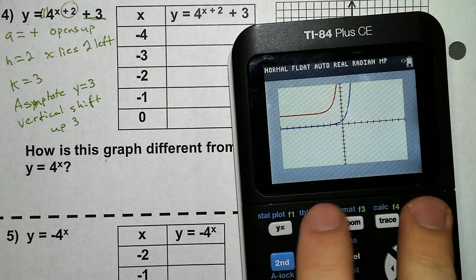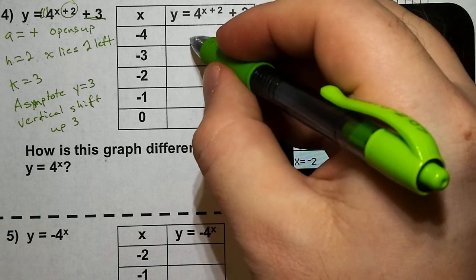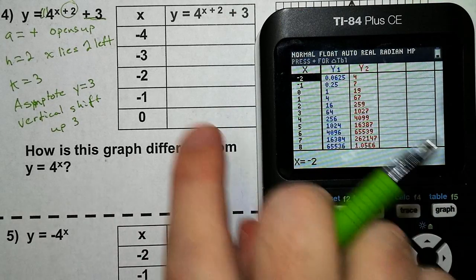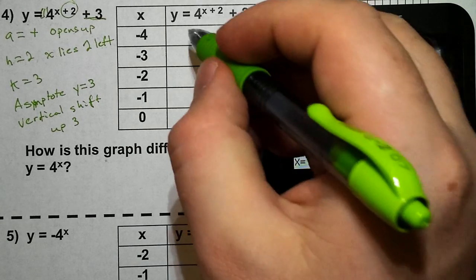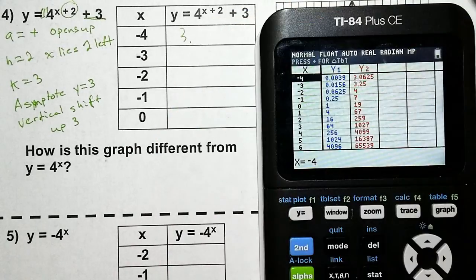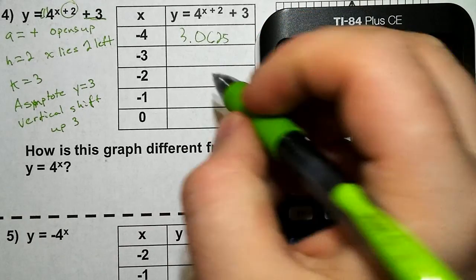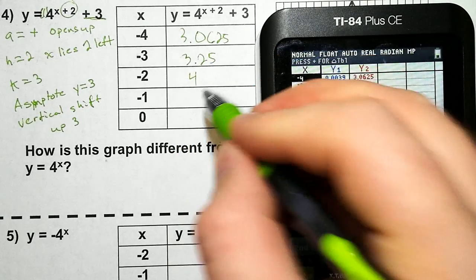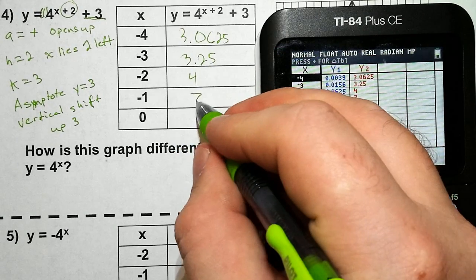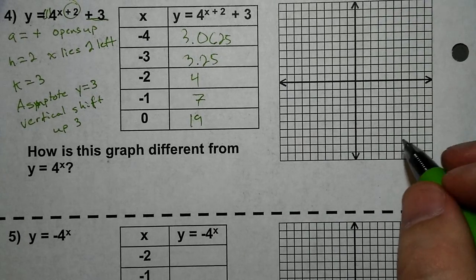We can go second table, and we can get our values here. So at -2, we need positive. Sorry, this one starts at -4, so I'm going to scroll up to that. -4, we've got 3.0625. And then 3.25. And then 4, 7, and 19. Just plot all the points that will actually fit.